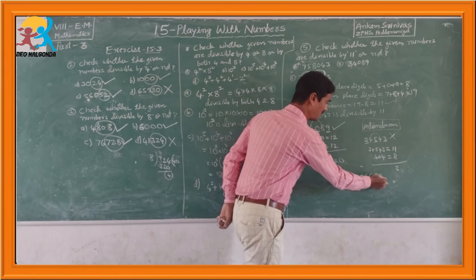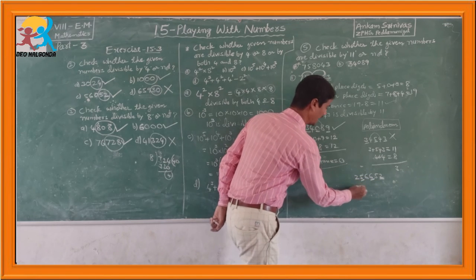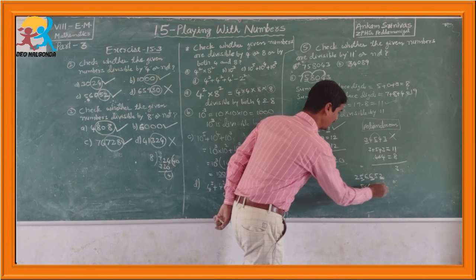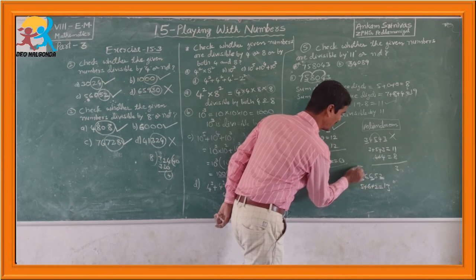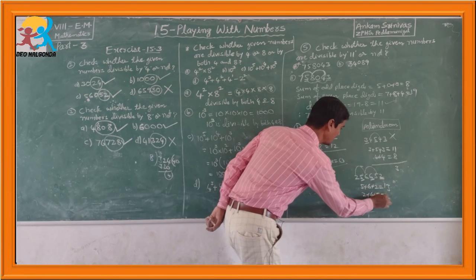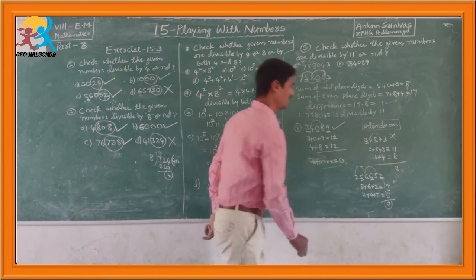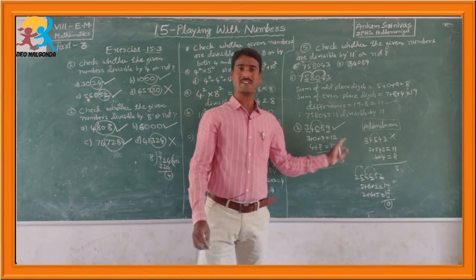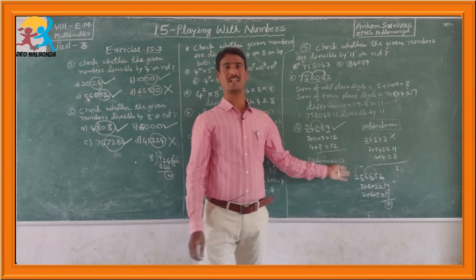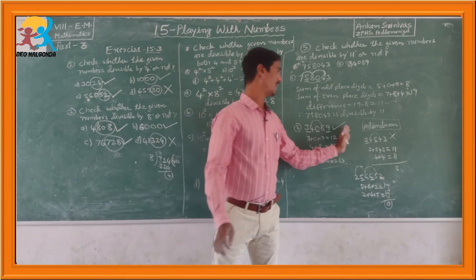Let's check this even palindrome number. 2, 6, 5. 5 plus 6 plus 2 equal to 13. Remaining 2 plus 6 plus 5, this also 13. Difference how much? 0. So every even palindrome number is divisible by 11. Every odd palindrome number is not divisible by 11.